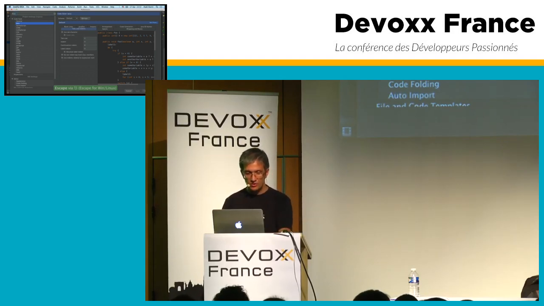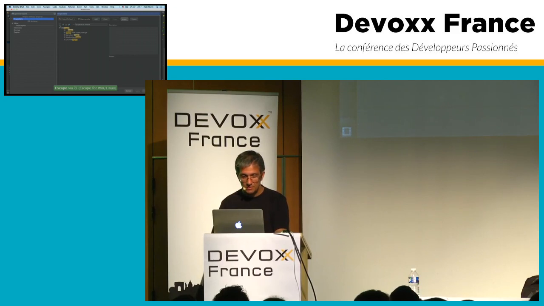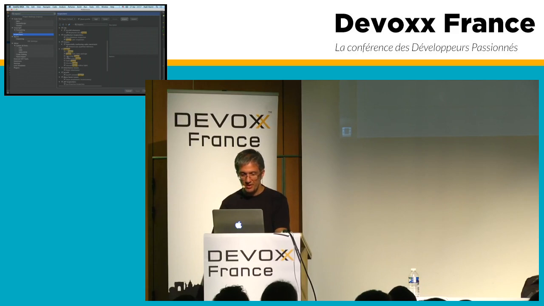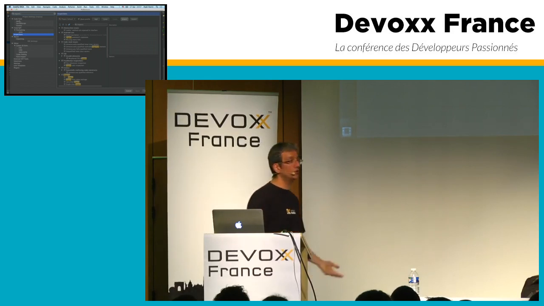Optimize imports. There's also a feature that I'm not sure people know about, which is optimize imports. Where is it? Who tells me where it is? Come on. There's a feature somewhere that you'll find, which basically allows you to optimize auto import.